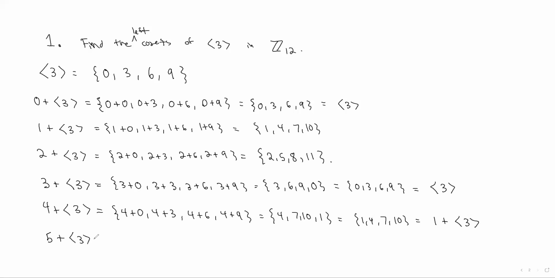5 plus 3: you get 5 plus 0, 5 plus 3, 5 plus 6, 5 plus 9, so you get 5, 8, 11, 14, which is 2.